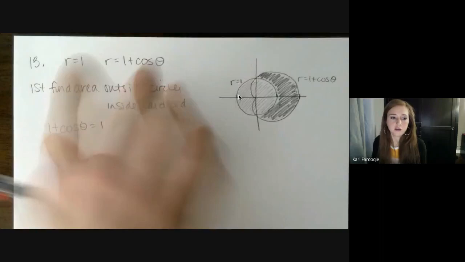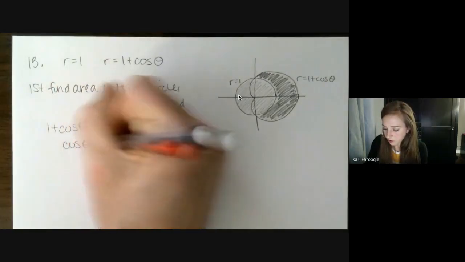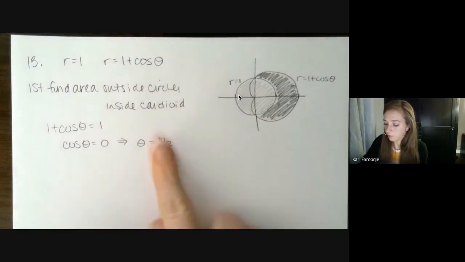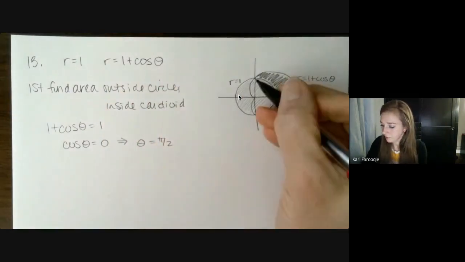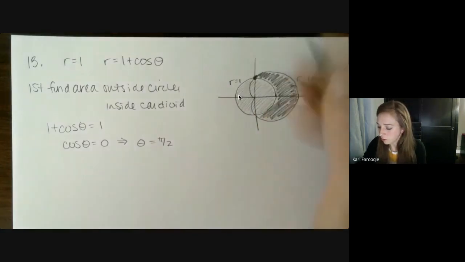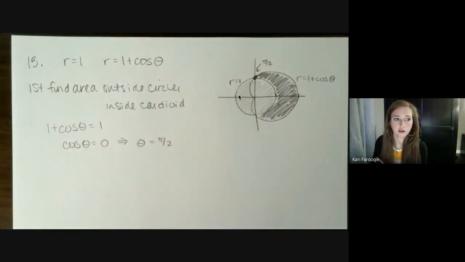But we'll set our two equations equal to each other, and then we'll get cosine of theta equals 0. And then we're going to get theta equals pi over 2 or 3 pi over 2 down here at the bottom. We'll just focus right here on this intersection at pi over 2. So here's my plan.